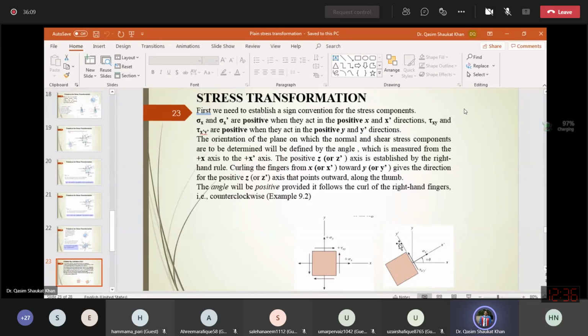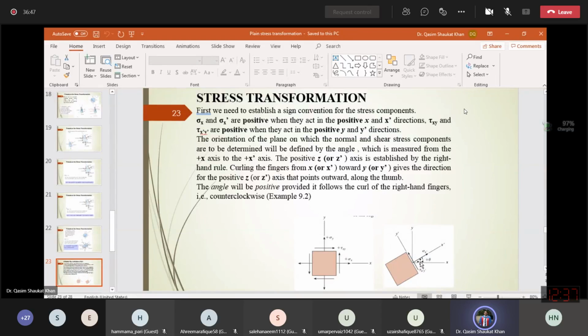Now we want to identify. First our task is to identify whether this rotation is positive or negative. Positive means like the sign convention which we will be using. So the orientation of the plane on which the normal and the shear stress components are to be determined will be defined by the angle which is measured from the positive x axis to the positive x dash axis.